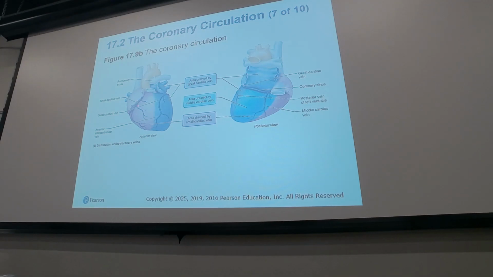So this is the small cardiac vein in here. And all of them ultimately, no matter if it's the great, the middle, or the small cardiac vein, drain into the coronary sinus that drains together with the superior and inferior vena cava into the right atrium.